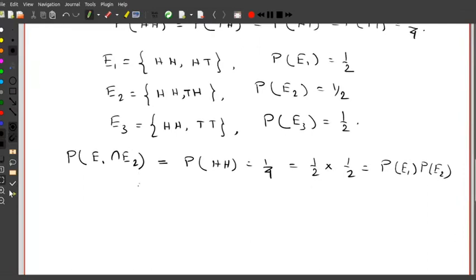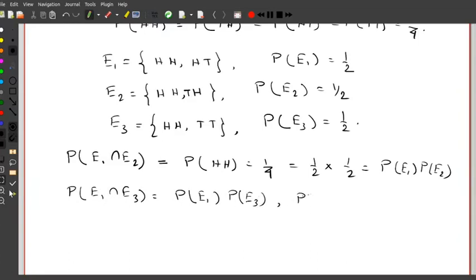And in the same manner, it is very easy to check that probability of E1 intersection E3 is same as probability of E1 into probability of E3, and probability of E2 intersection E3 is also same as probability of E2 into probability of E3.